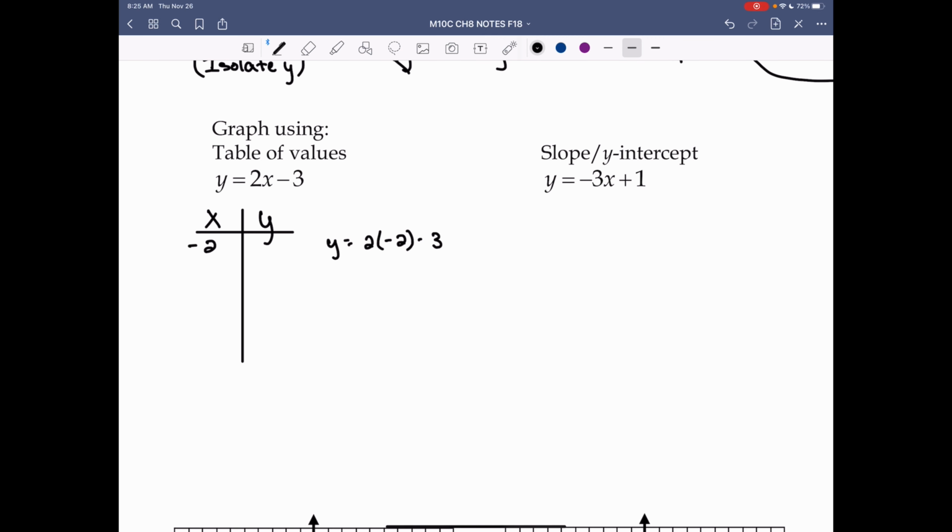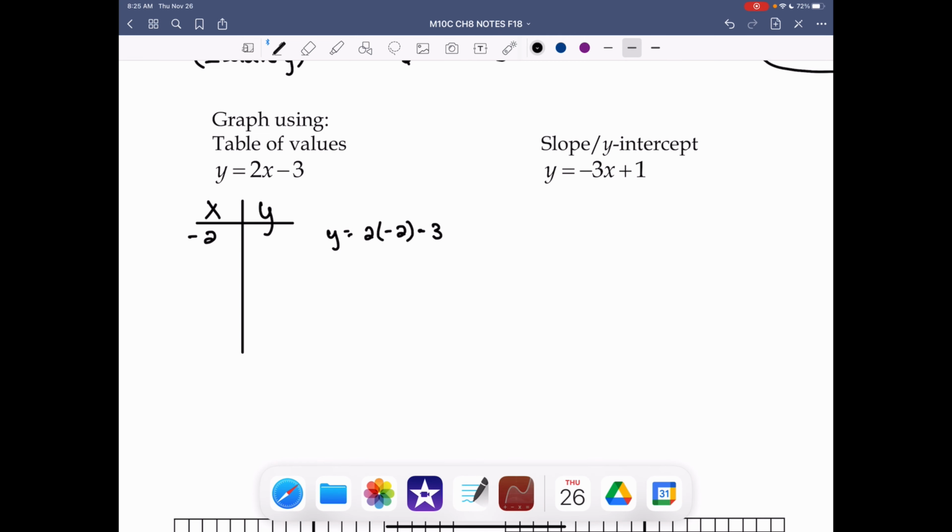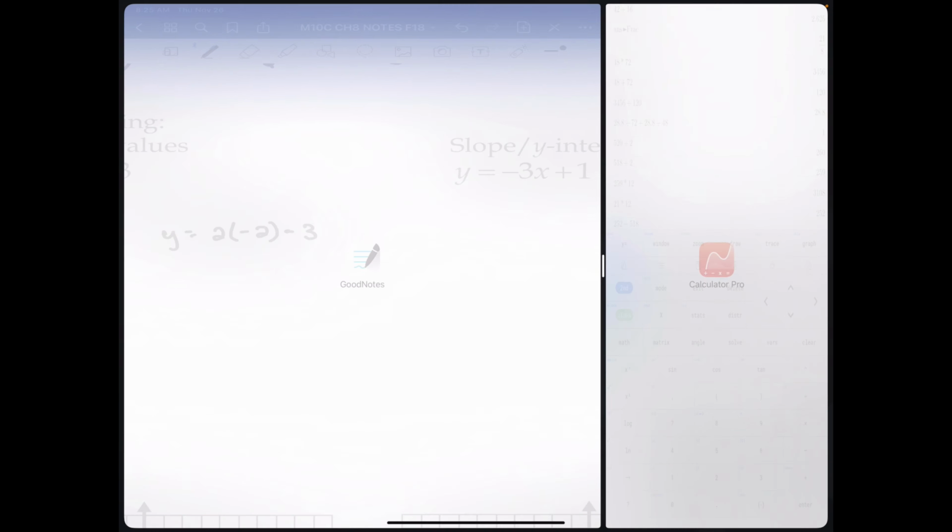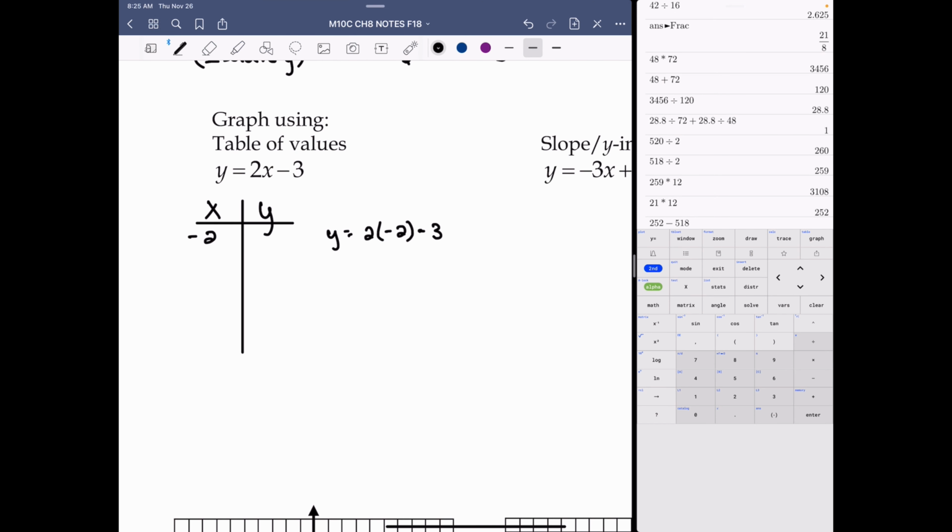And then I calculate that. 2 times negative 2 is negative 4. Minus 3 is negative 7. I can also use my calculator. Two times negative 2 and then minus 3. We get negative 7.